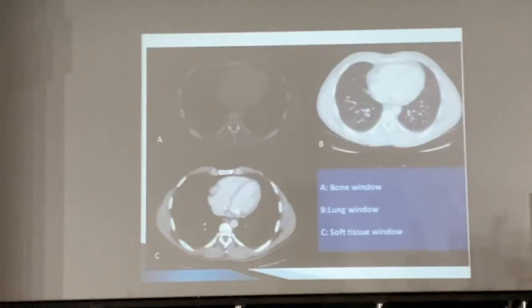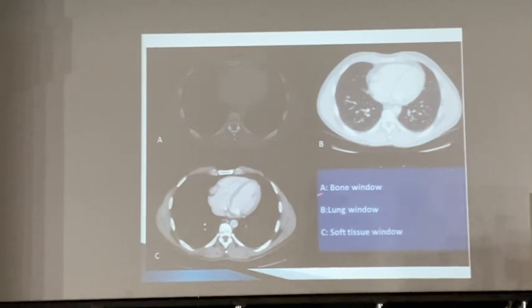One thing is important to know in computed tomography, which is the windows. There are 3 basic types of windows: the bone window, lung window, and soft tissue window. What are these windows, and what is their advantage?